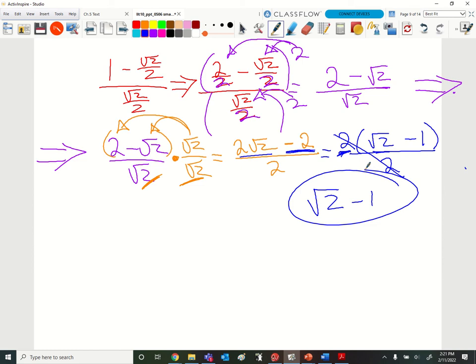Or if you did the Gustavo method, Gustavo right here at this point said, hey, I'm going to take my 2 rad 2 minus 2 and break it up into 2 separate fractions. That's the Gustavo method.